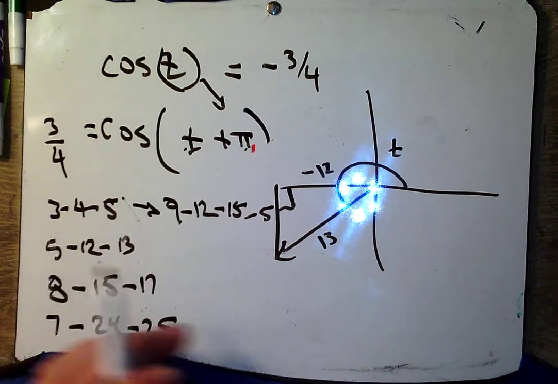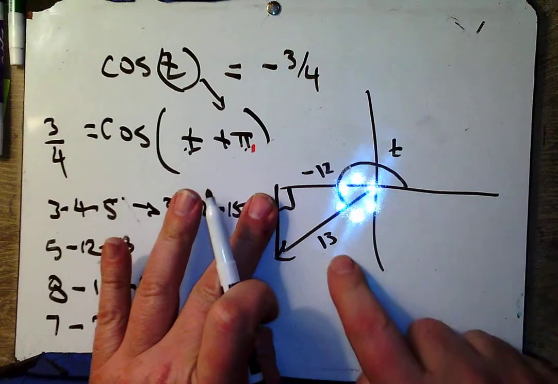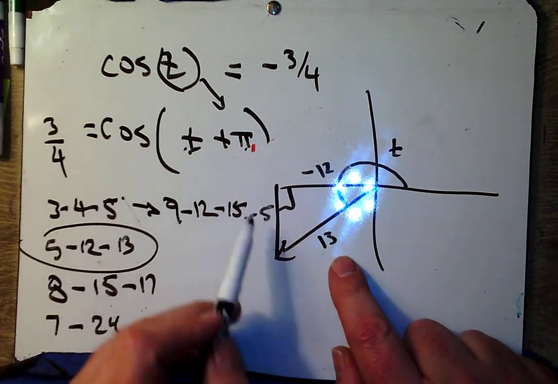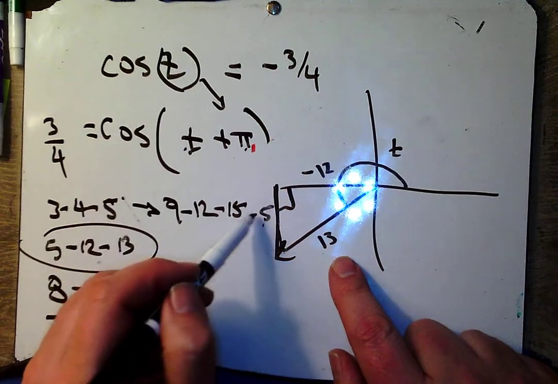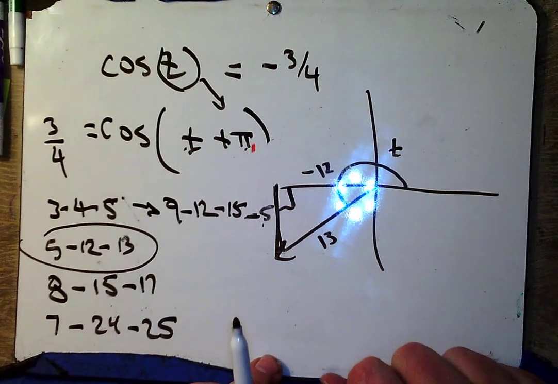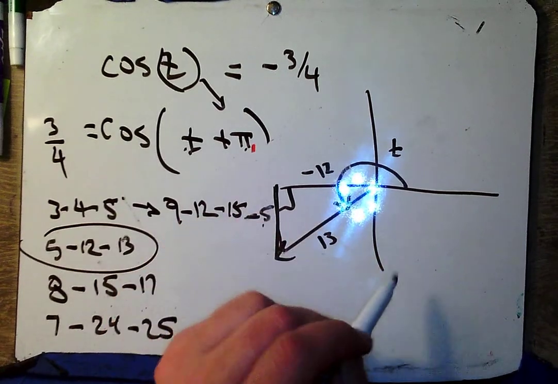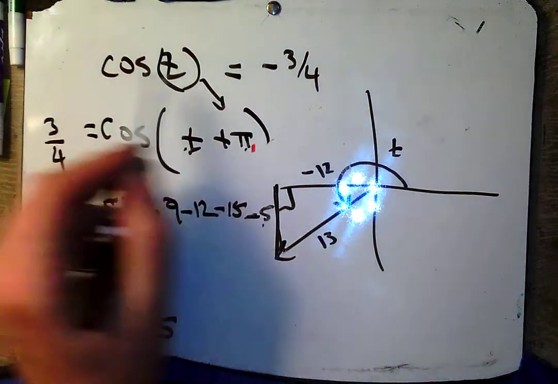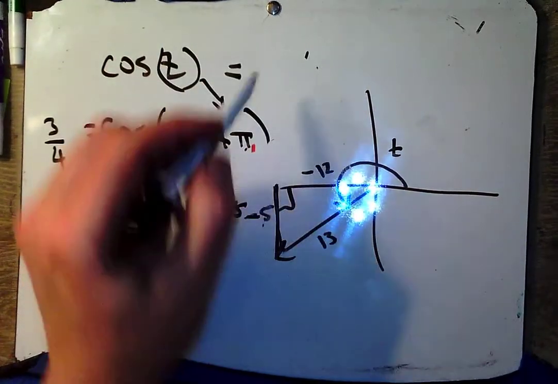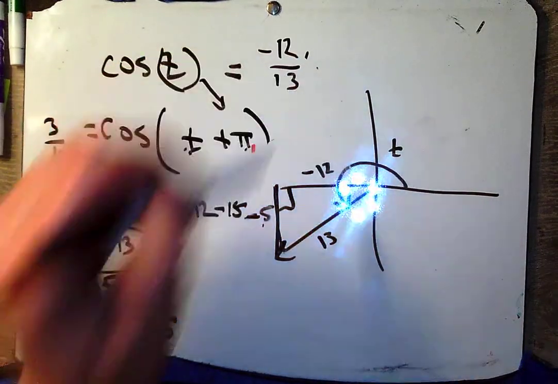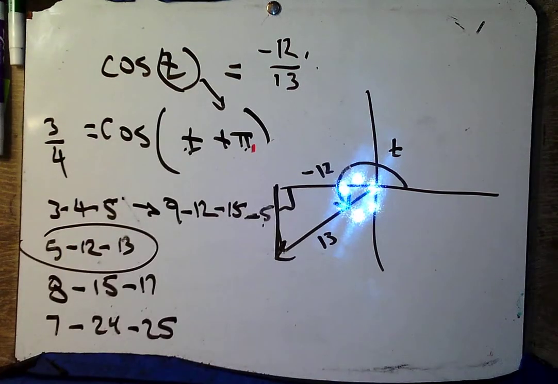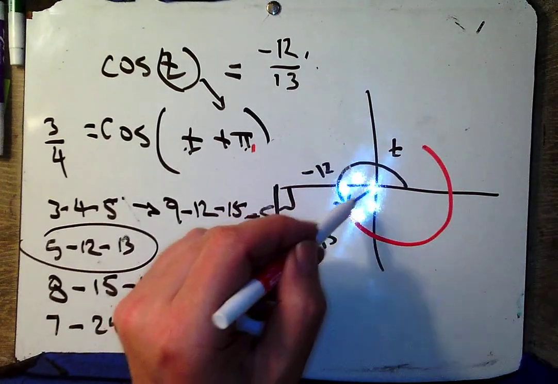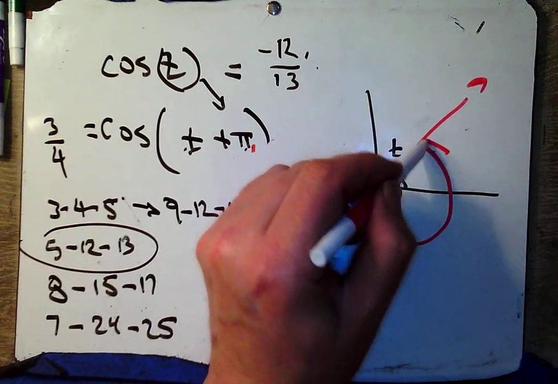And why do I point this out? Well, because if people give me these two, then I know I'm looking at a Pythagorean triple, and this one must be 5. But because I'm going down from the axis, it's a negative 5. Okay? All right, so here's t. Now, what about if we consider the cosine of t? Cosine of t in this problem is negative 12 over 13. Now, if I go and add pi, that means I'm going halfway around the circle, right?